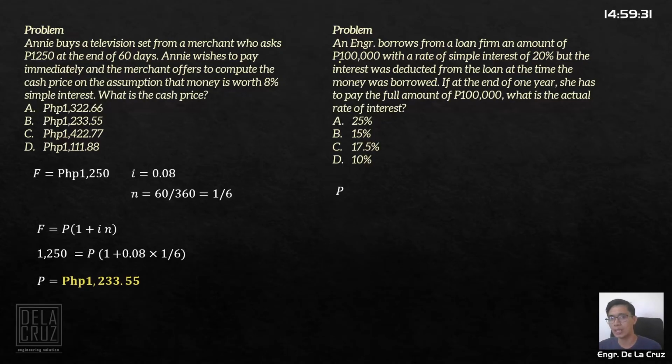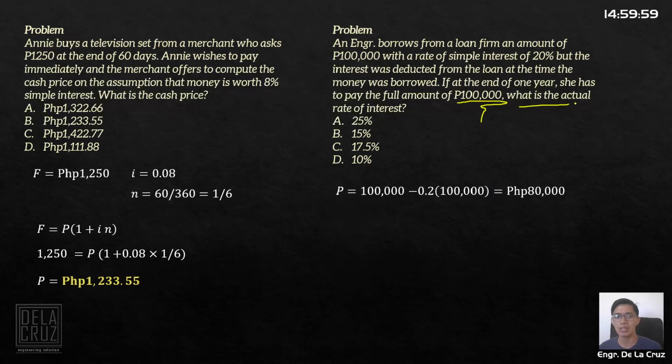So, instead na 100,000 yung makuha niya, nag-deduct agad ng 20% yung loan firm. From 100,000, deduct ng 20% of the 100,000, ito yung makukuha niyang pera, 80,000. Now, at the end of 1 year, yung babayaran niya is 100,000.